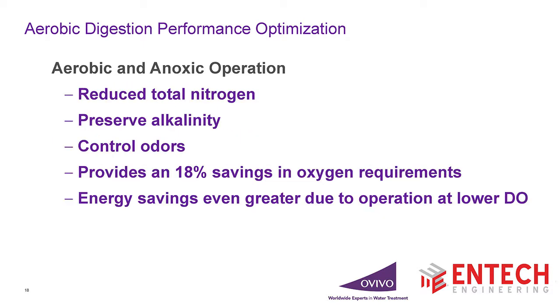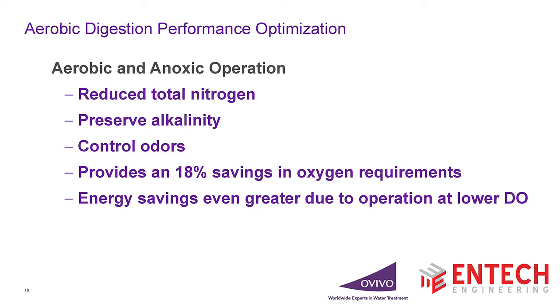Aerobic and anoxic operation. We've talked through the science of this now, so this allows us to control the nitrogen in the liquid. So this would control the nitrogen in any recycle stream. So we can essentially get 90+% control of nitrogen in any recycle stream that would come after the digester from thickening or dewatering.